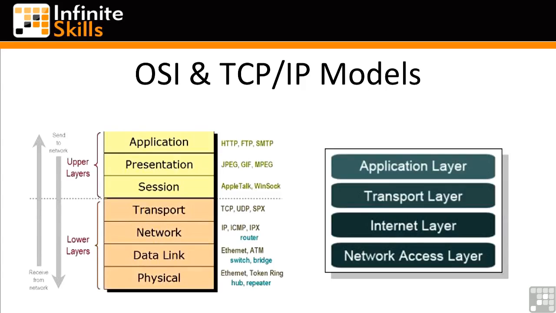And that, of course, leaves the transport layer to be the same, and what in the OSI model they call the network layer, in the TCP/IP model is called the internet layer. Same sort of thing. That's where IP lives. And even though it's called the internet layer as compared to the network layer, it's the same sort of functionality. So those are the really big differences between the OSI and the TCP/IP model.